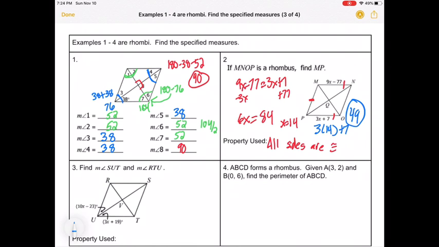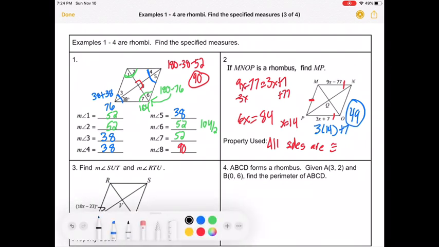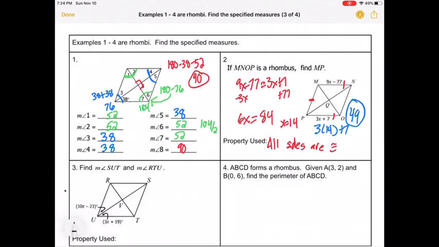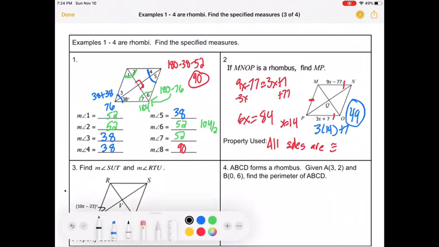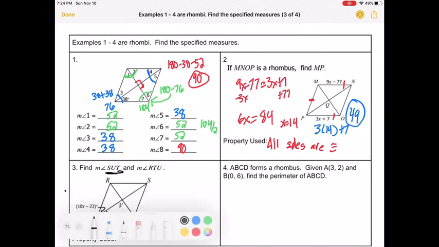Okay, number 3. You have these two angles, and they want you to find SUT, which is right there, and then RTU, which is right here.